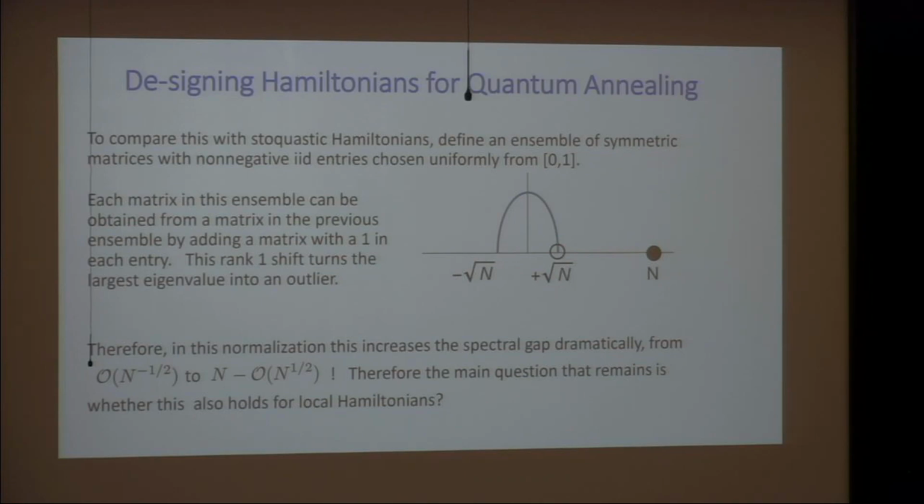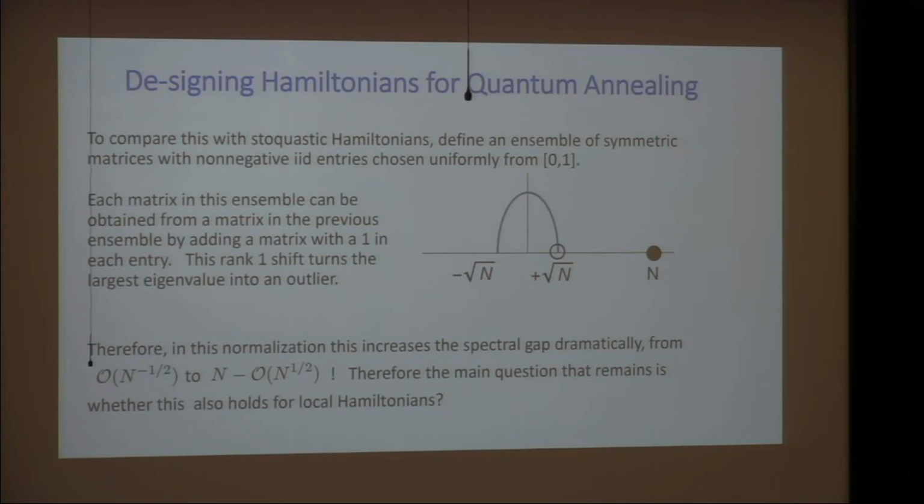Now your spectral gap is this enormous difference between this one top eigenvalue and whatever comes next, whereas in the real symmetric case, you have a very small spectral gap. So in the random matrix case, it's completely clear that this de-signing operation increases your spectral gap dramatically with extremely high probability. The main question that remains is whether this also holds for local Hamiltonians.